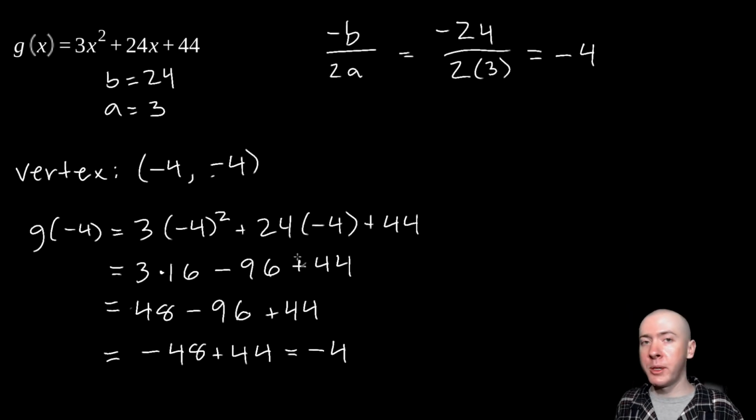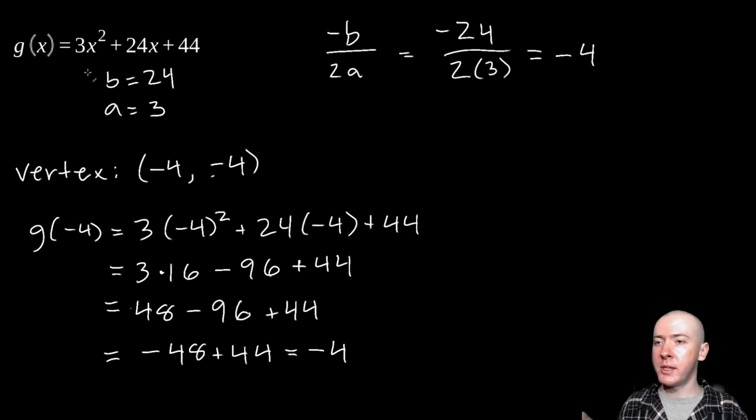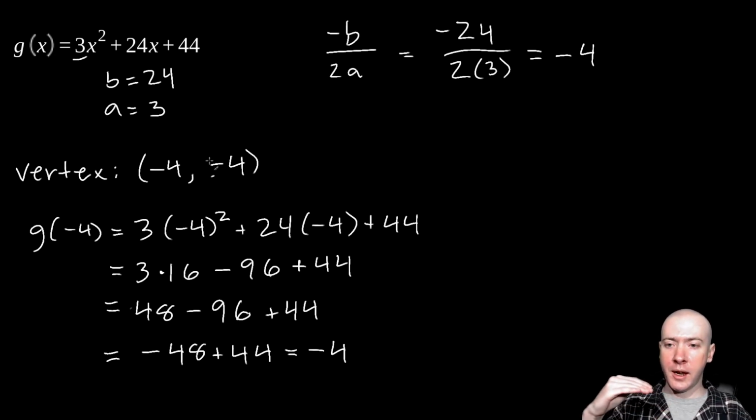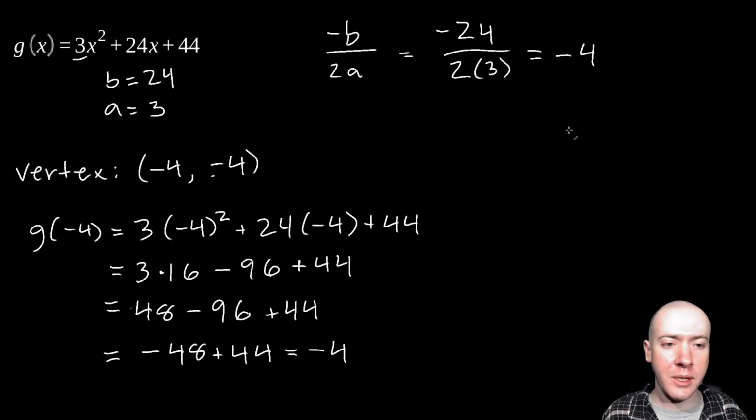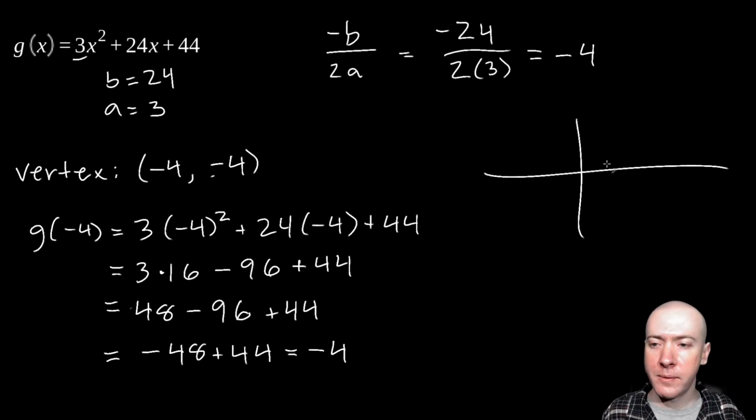Now, does this parabola open up or down? It opens up, right? Because the coefficient of x squared is positive. So the range is going to start at the y value of the vertex and it's going to go up. And we can also make a sketch of that. So the point negative 4 is going to be somewhere down here in quadrant 3.